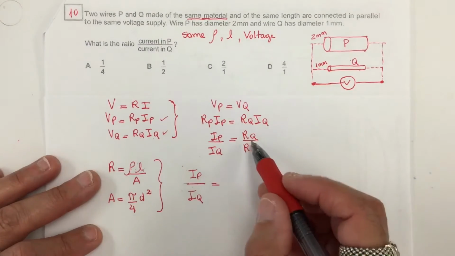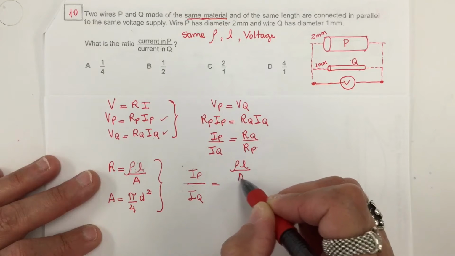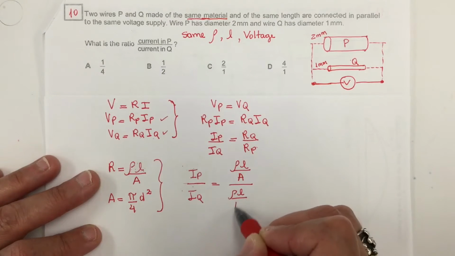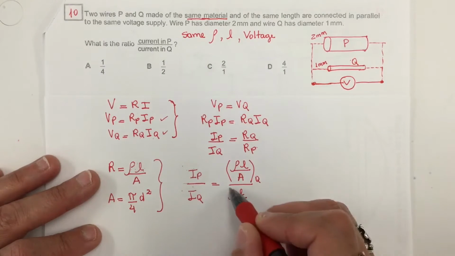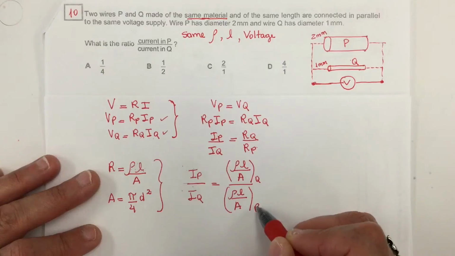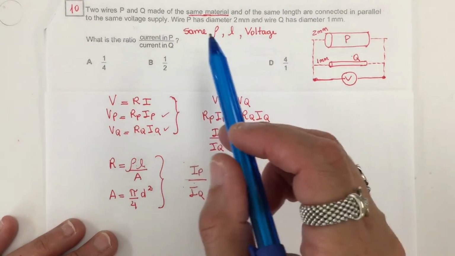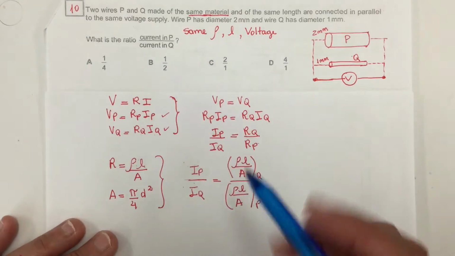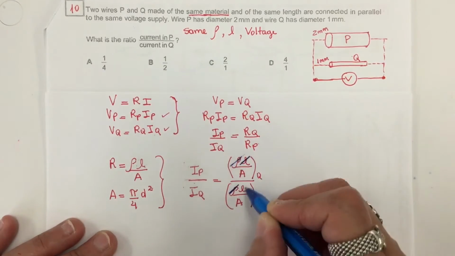So making my substitution here is rho L over A, and here is rho L over A, but all this here is related to Q, all this is related to P. Now, because both wires have the same resistivity and length, we can cancel here. So resistivity and length can go.